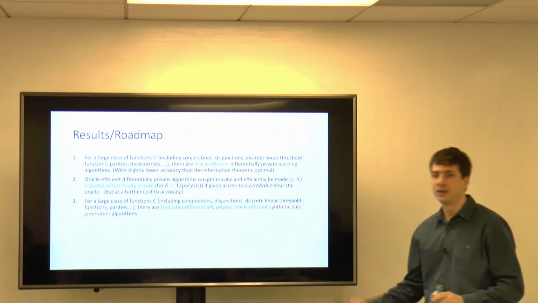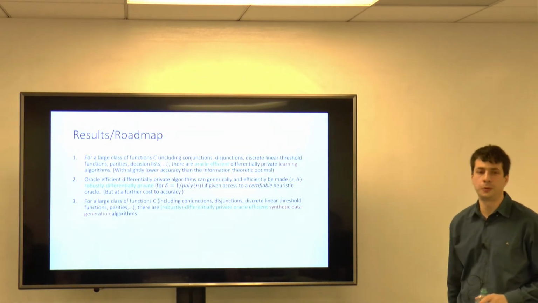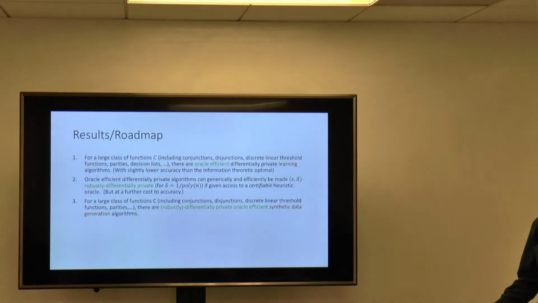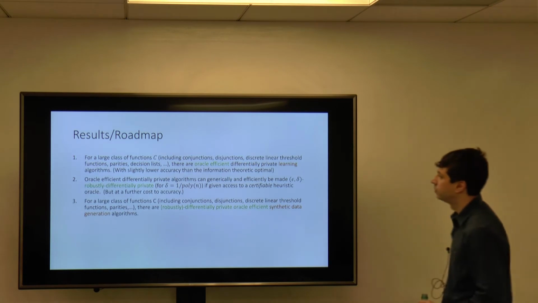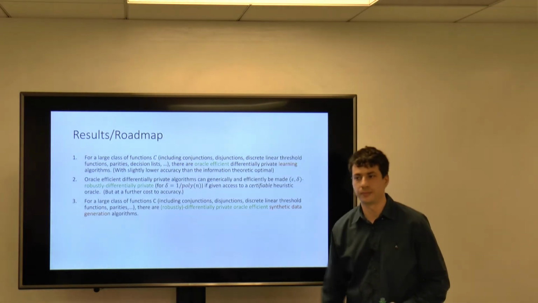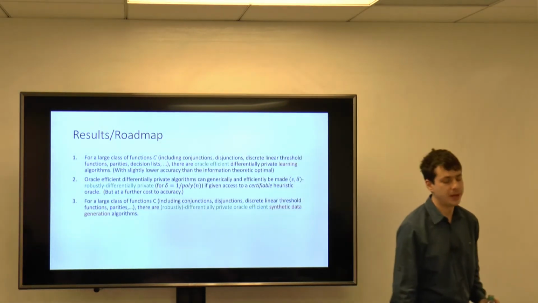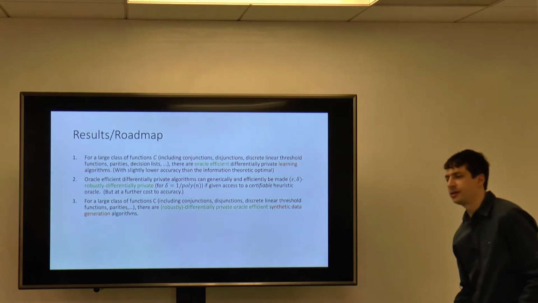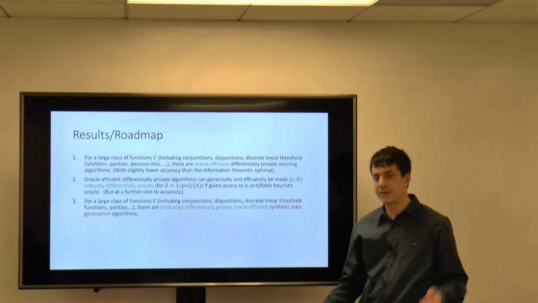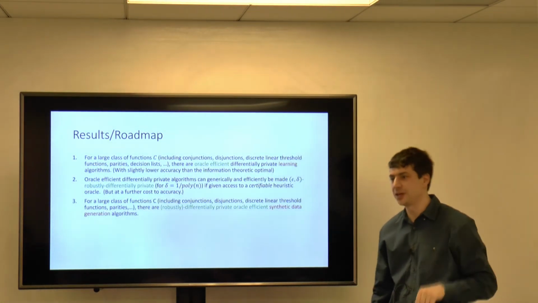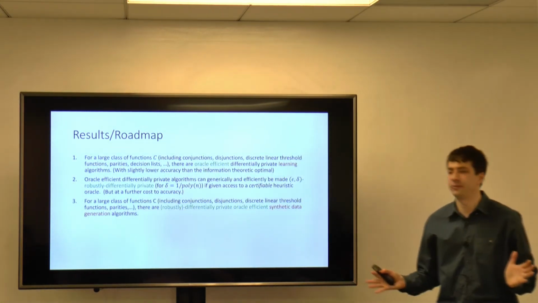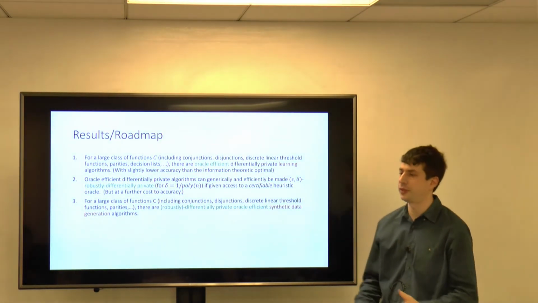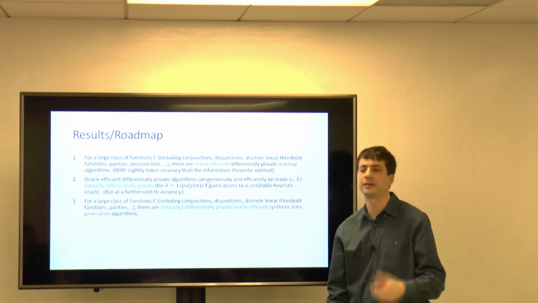Okay, so if you find that for learning conjunctions, say, Gurobi is able to solve the corresponding optimization problem, then you can go through this chain of reductions and have a polynomial time algorithm that will make calls to Gurobi and will generate for you a synthetic data set that is consistent with yours for all of the 2 to the d conjunctions.